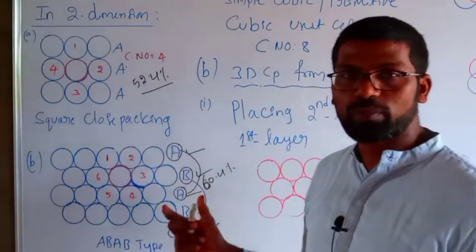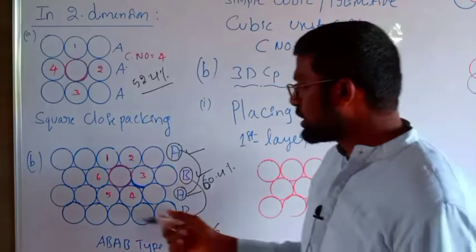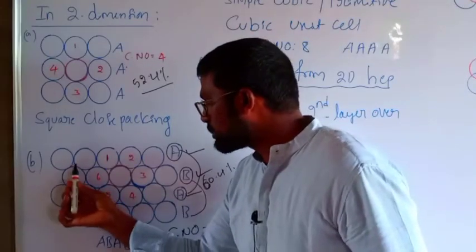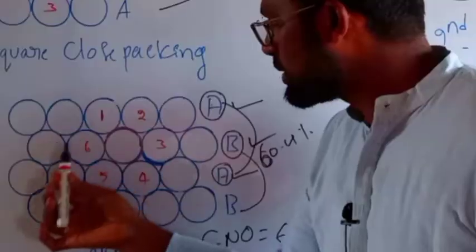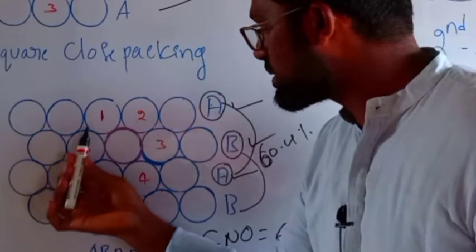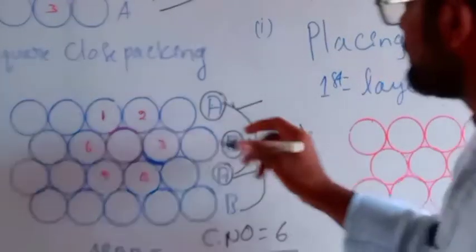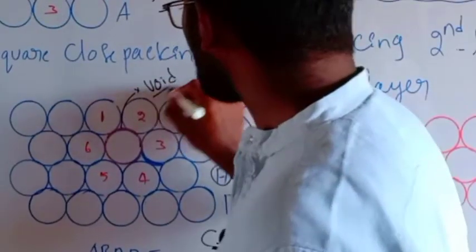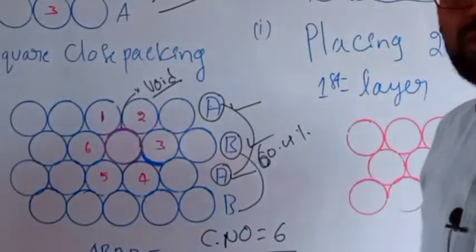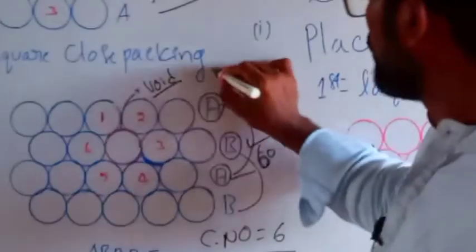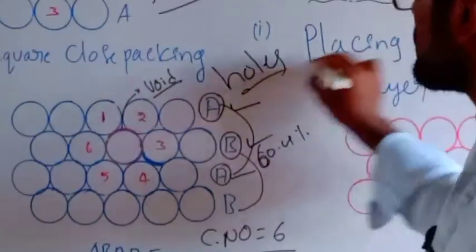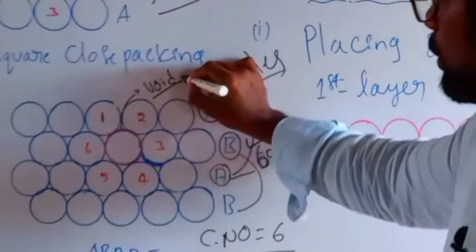Here one more important point we need to understand is, here you can observe some gaps between two rows. Here see, these are the gaps. These gaps are called voids. Voids are holes.